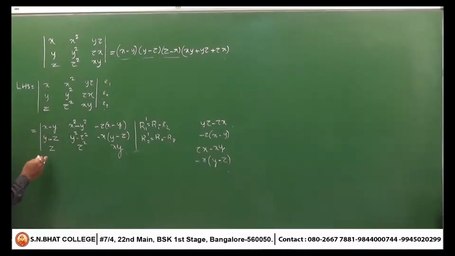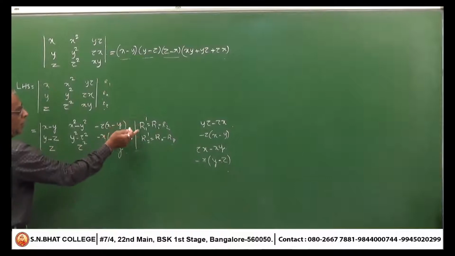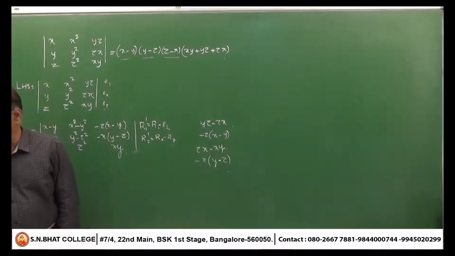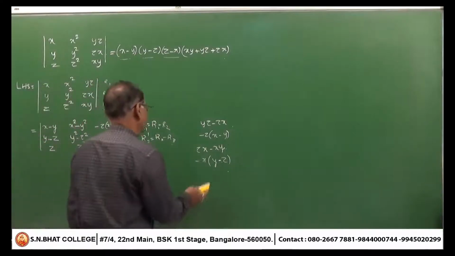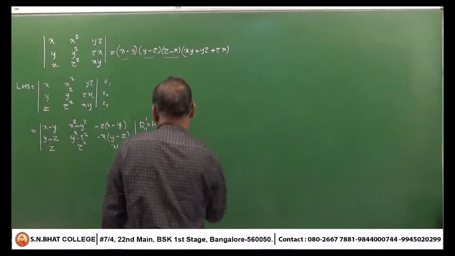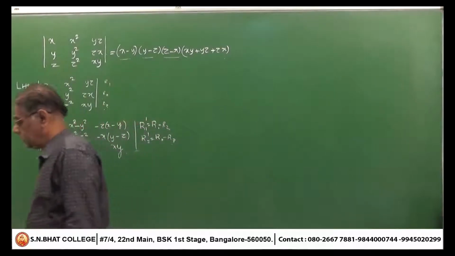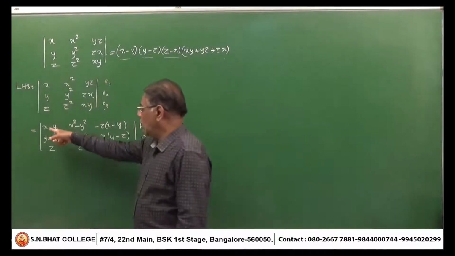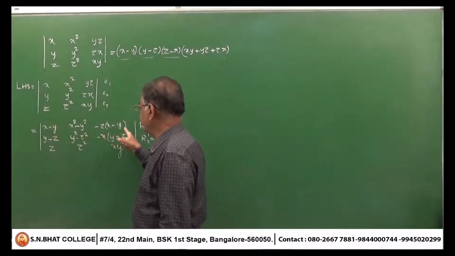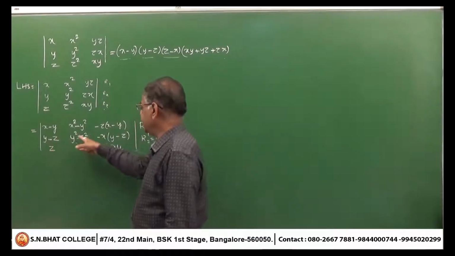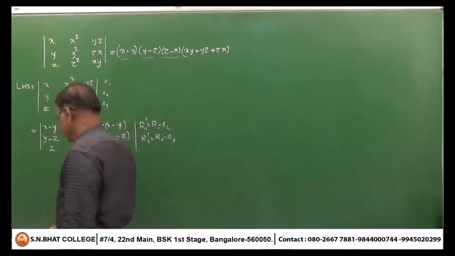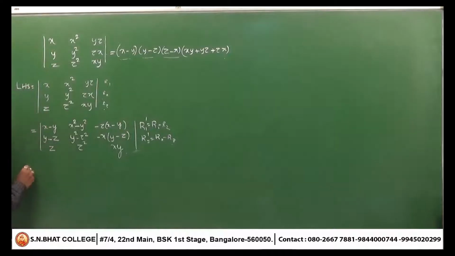If there are 3 rows or 3 columns, you can do row or column operation only for 2 rows or 2 columns. Maximum 2 rows and 2 columns. Next, common factor in first row is x minus y, second row is y minus z. Take x minus y and y minus z as common factor.